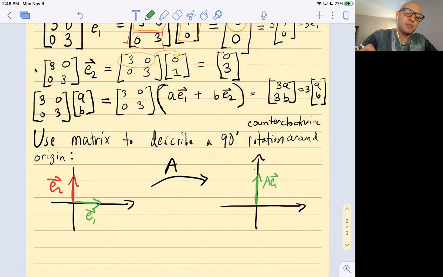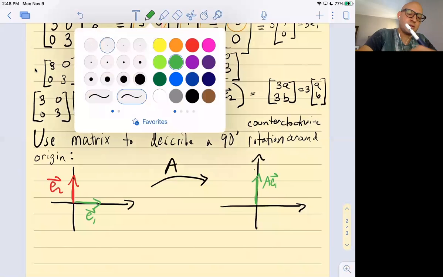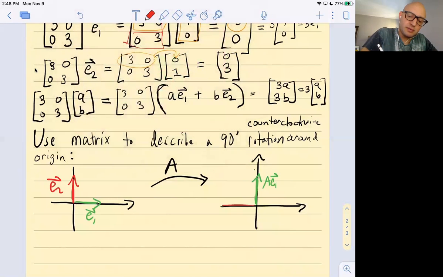This is what happens to E1 after I moved it by applying the transformation A. Okay, what happens to E2? What happens to the up arrow? Where does it move if you rotate it 90 degrees counterclockwise? Nice, it points to the left. That's all that's happening. Pretty simple, right? This is A E2, the arrow.